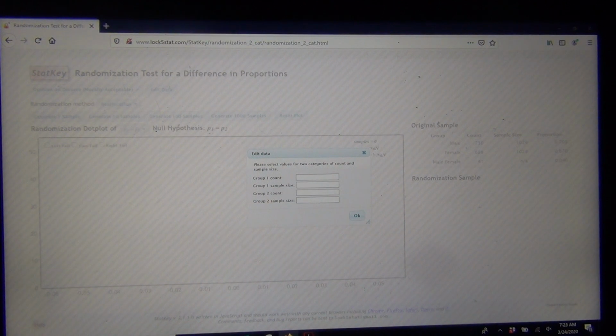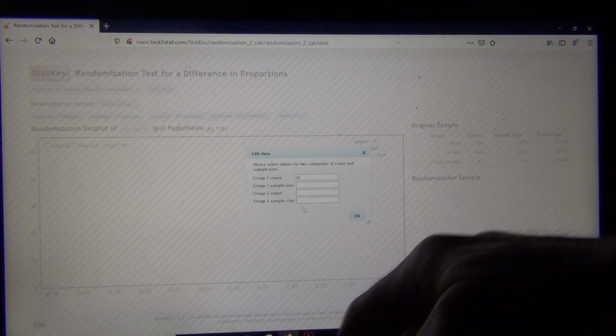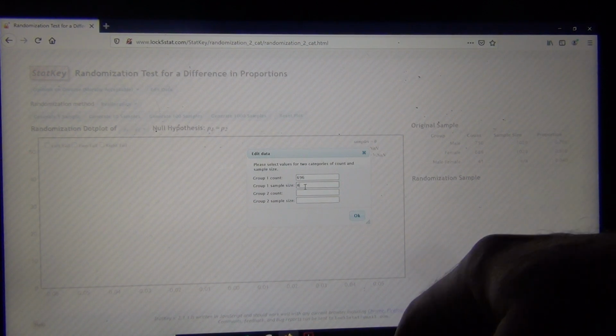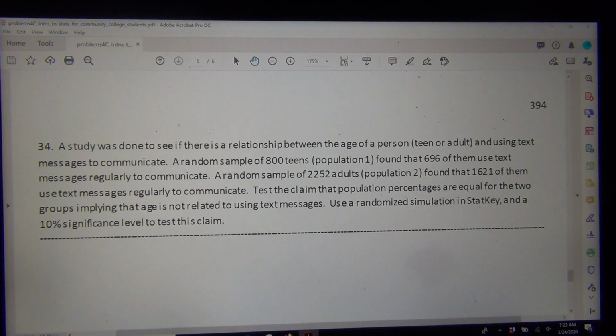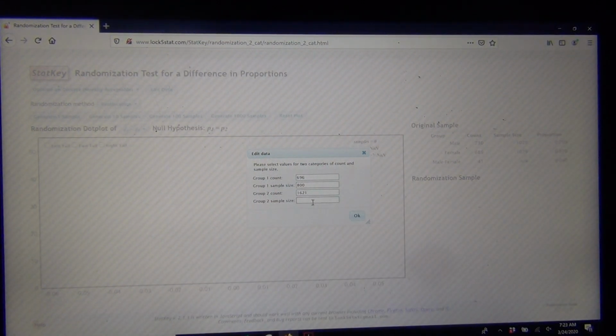They did say they wanted me to use the teens as group 1, so 696 out of 800. And for adults, it was 1621 out of 2252.